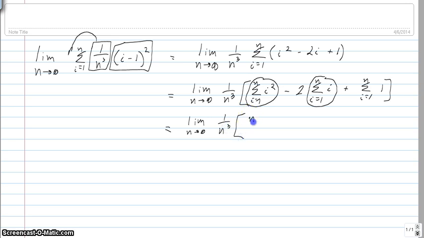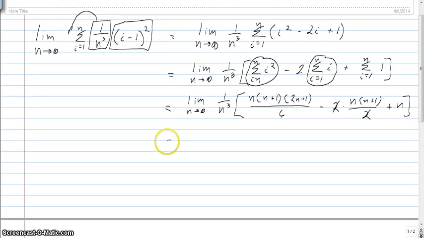So this first one is n times n plus 1 times 2n plus 1 all over 6. And then I've got minus 2 times n times n plus 1 over 2. And then if I sum 1 n times, I get just n. So of course these guys will cancel.